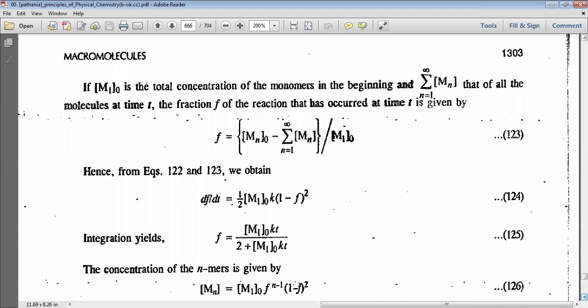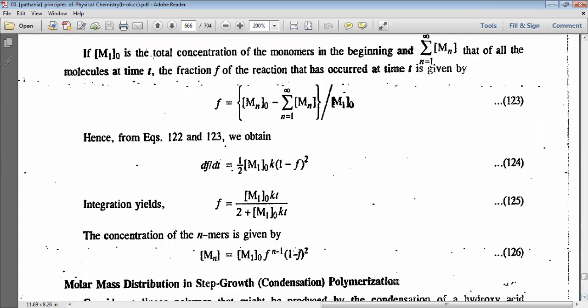If M10 is the total concentration of monomer in the beginning and the summation of Mn, n equal to 1 to infinity, covers all the molecules at time t, the fraction F of the reaction that has occurred at time t is given by F equal to [Mn0 minus summation of Mn, n equal to 1 to infinity] divided by M10.